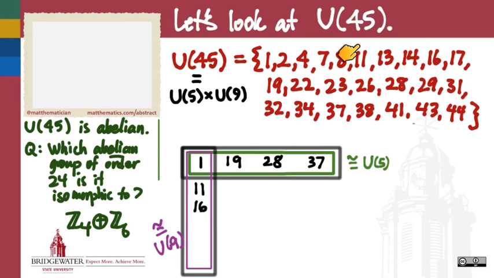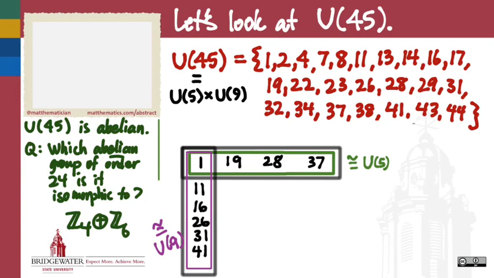Up by 5 to 21, which doesn't. 5 again gets me to 26, which is. 5 again gets me to 31, which belongs. 5 again gets me to 36, which doesn't belong. 5 again gets me to 41, which does. But then 41 plus 5 is 46, which takes me back to 1. So here in purple is another subgroup of U45, which is isomorphic to U9.